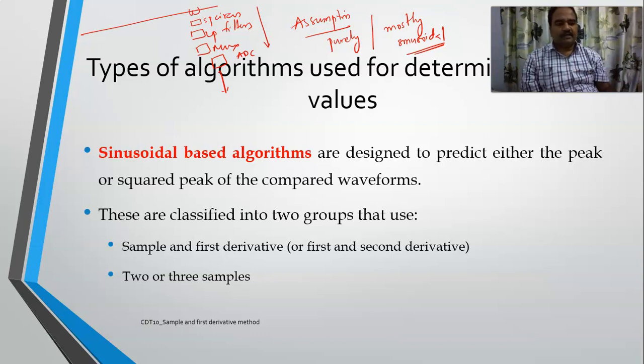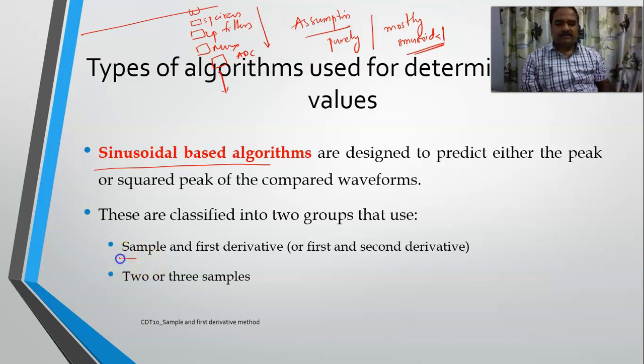Based upon these assumptions, we will try to understand different algorithms, and then apply them for determining the peak values. In the olden days, we used to employ sinusoidal based algorithms for determining the peak value or squared peak value of the waveform. They were of two types. One was the sample and first derivative method, and an improvement of that is the first and second derivative method.